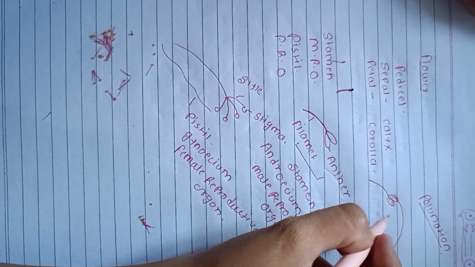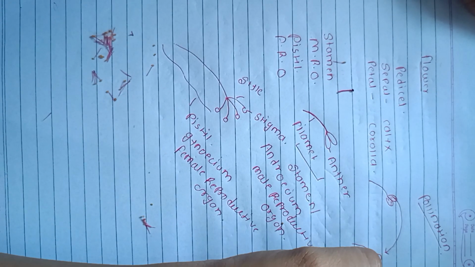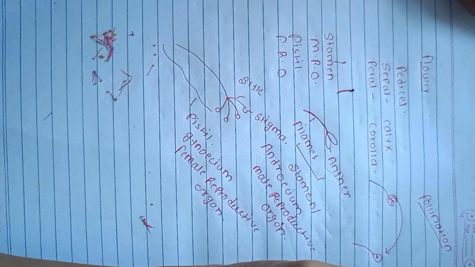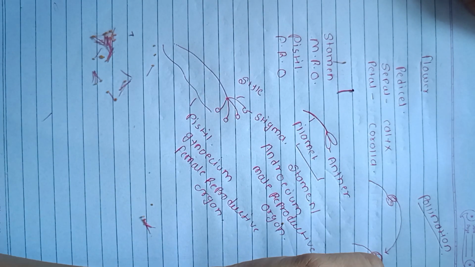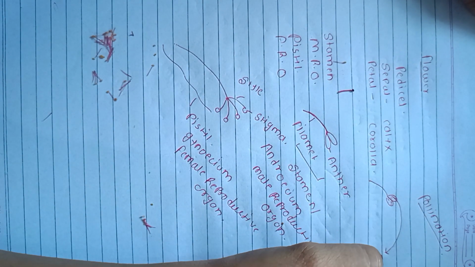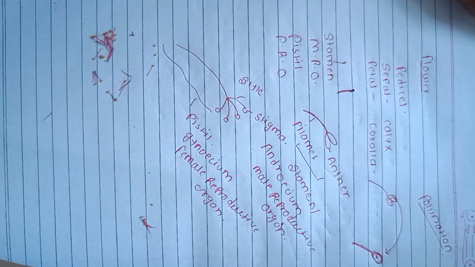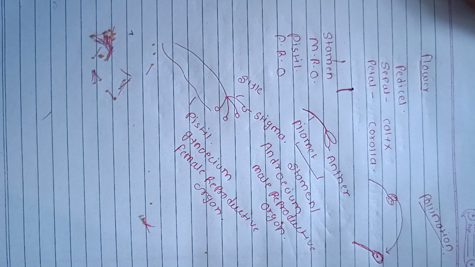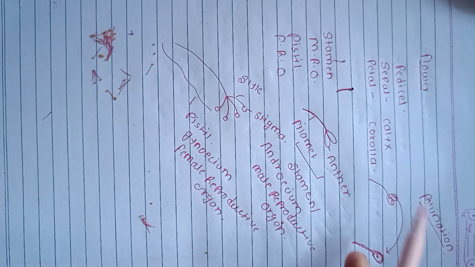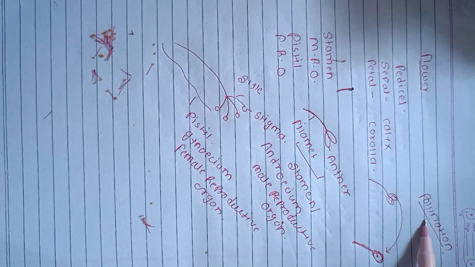After that, the stigma is a female reproductive organ, and fertilization occurs. After fertilization, the ovule turns into the seed, and the seed turns into the plant. So this is the structure of the flower and pollination.